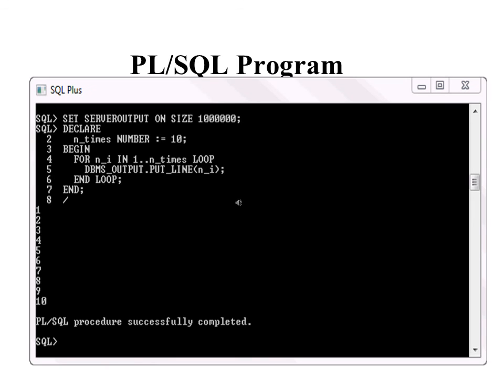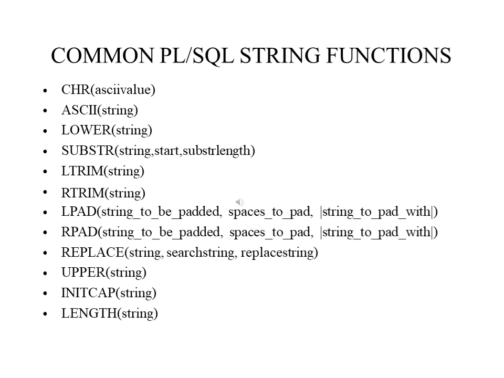After the execution of these queries, the common PL/SQL string functions: the character, ASCII, lower string, substring, then string start substring length, ltrim, rtrim, left trim, right trim, lpad with the string to be padded and spaces to pad, and rpad with the string to be padded and spaces to pad.